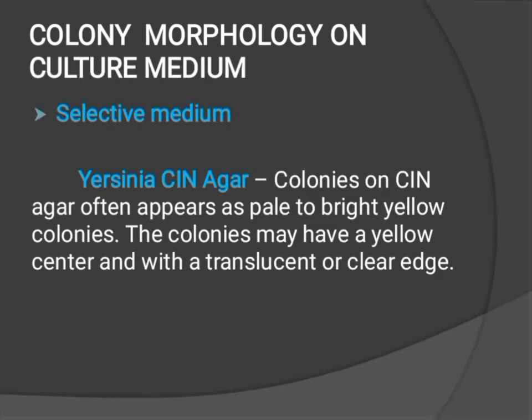We use another selective medium for Yersinia species: Yersinia CIN agar. Colonies on the CIN agar often appear as pale to bright yellow colonies. The colonies may have a yellow center with clear edges.